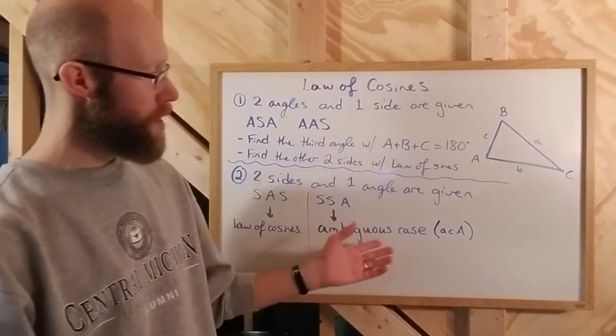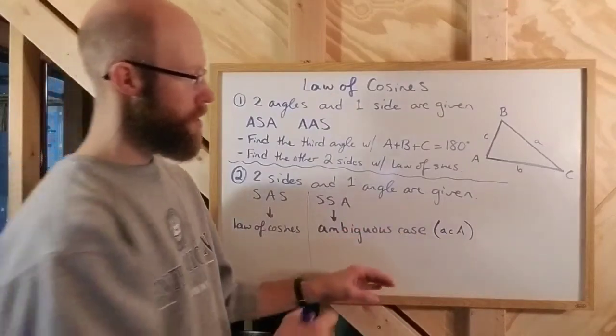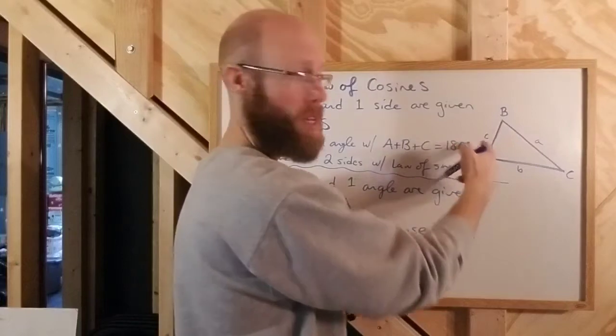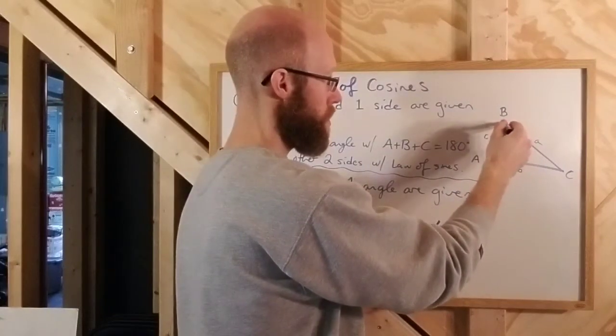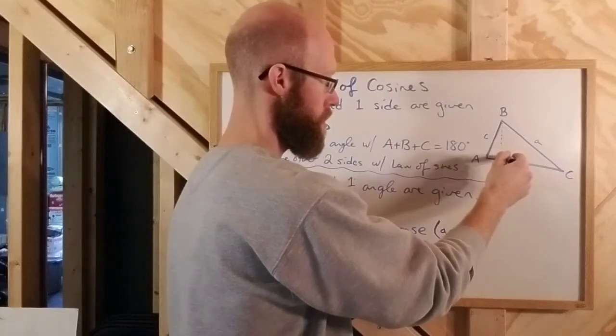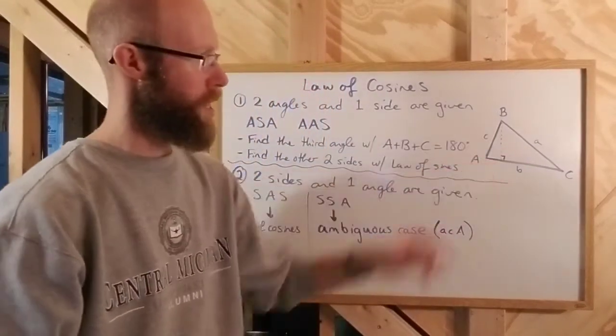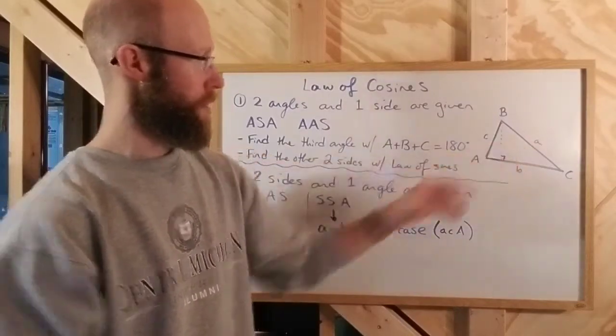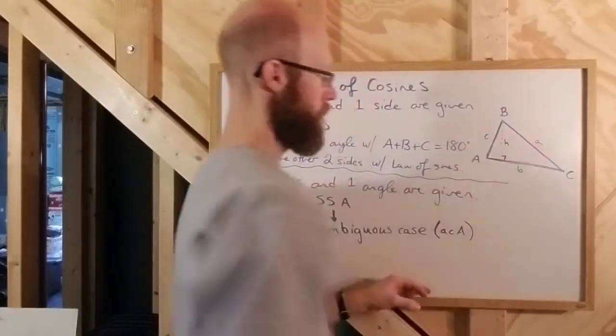Then the first thing you really need to do is compare a to both c and the height. Remember, you could drop in a perpendicular line segment from the vertex down to the opposite side there. And you have to compare, we'll call that h.